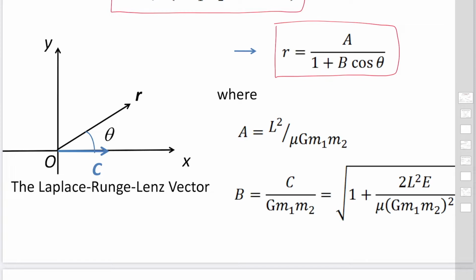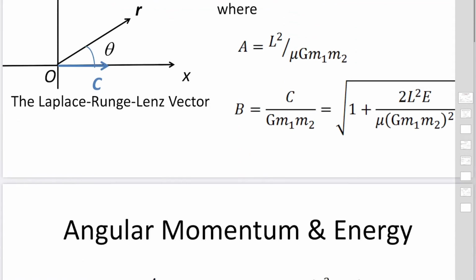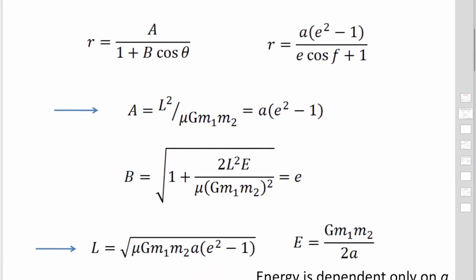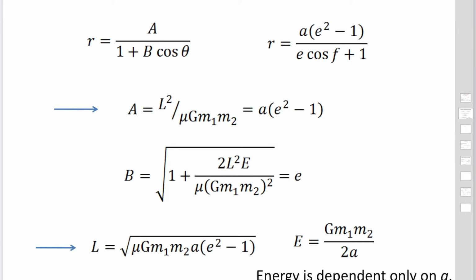And using the energy and the angular momentum, we can express the square root of 1 plus 2L squared E over mu G m sub 1 m sub 2 squared. Then we can compare with this, which is the hyperbola, with the equations from the gravitational interacting particles.